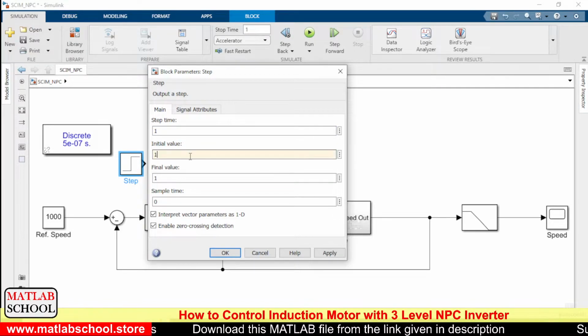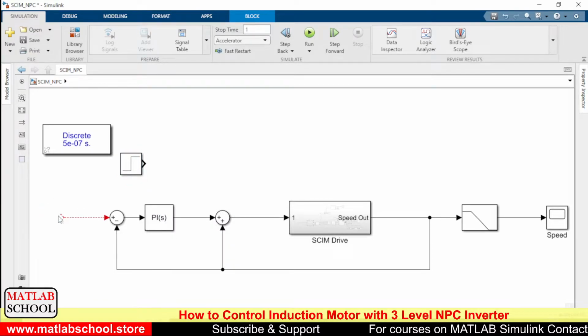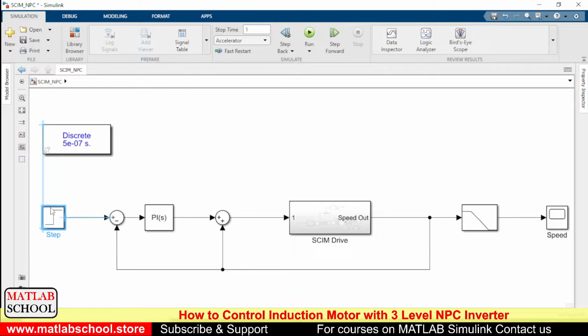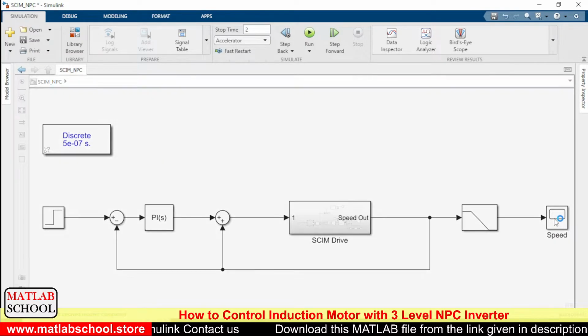Initial value we can have as 1000, and the final value we shall have as 1200. So the value will be stepped from 1000 RPM to 1200 RPM. The total time we shall have as 2 seconds. Yes, the stepping will happen at the first second.